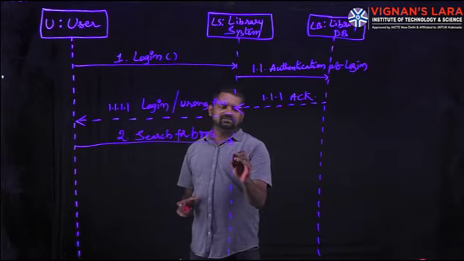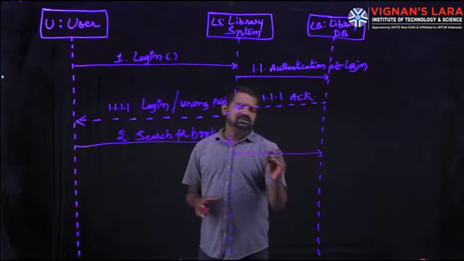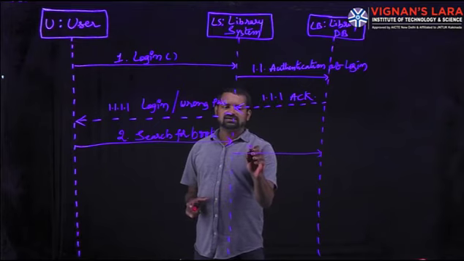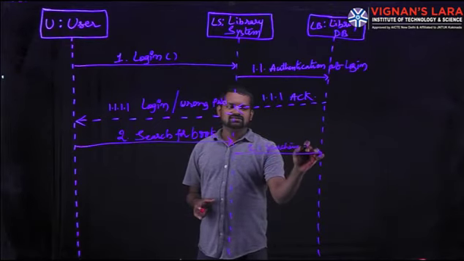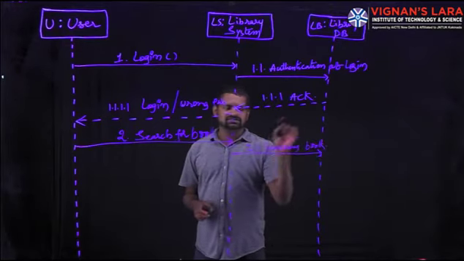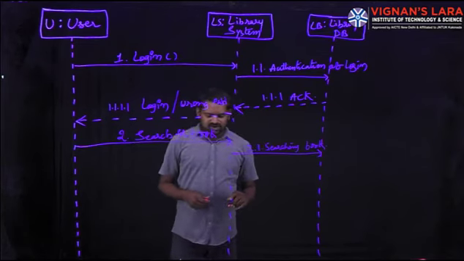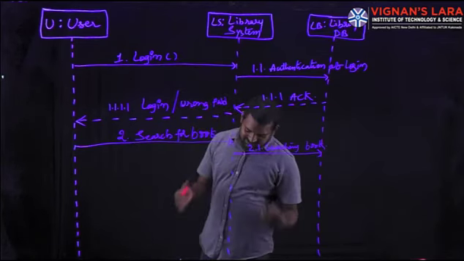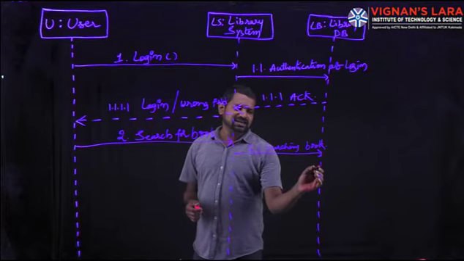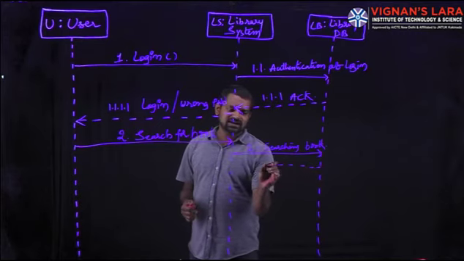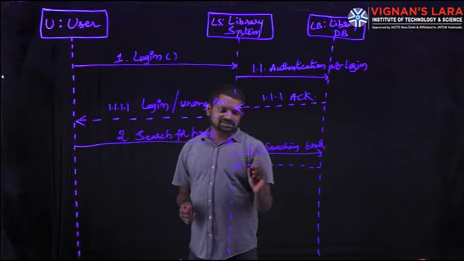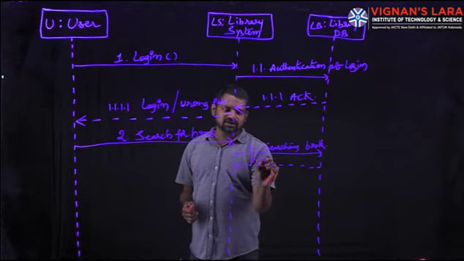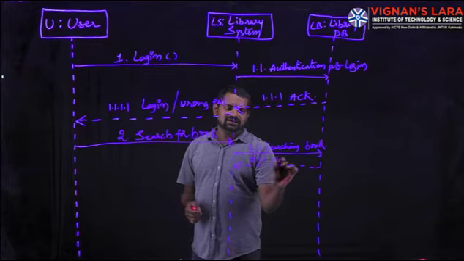Automatically from the library system to database, which goes 2.1, searching book. 2.1 searching for book. So after searching book, if the book is available, which displays some acknowledge to the library system, that is 2.1.1, acknowledge will be given.